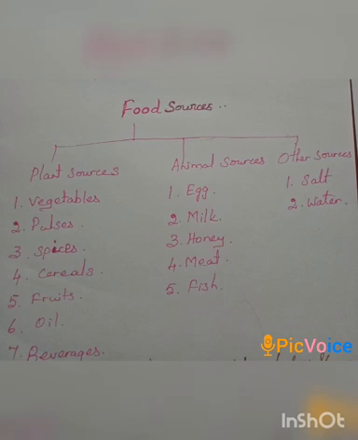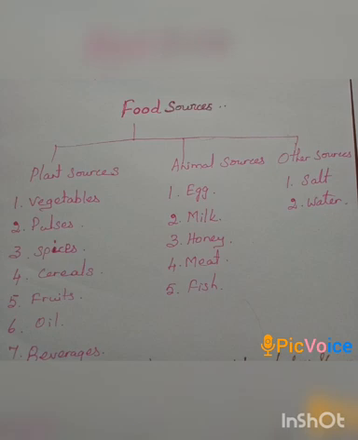Then the second one, egg. Hens and ducks give eggs. Third one, honey. Honeybees collect nectar, that is sweet juice, from flowers. The sweet nectar is converted into honey and stored in their hive. Honey consists of water, sugar, minerals and enzymes.